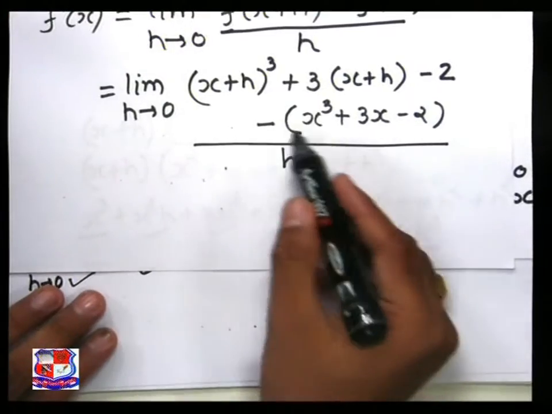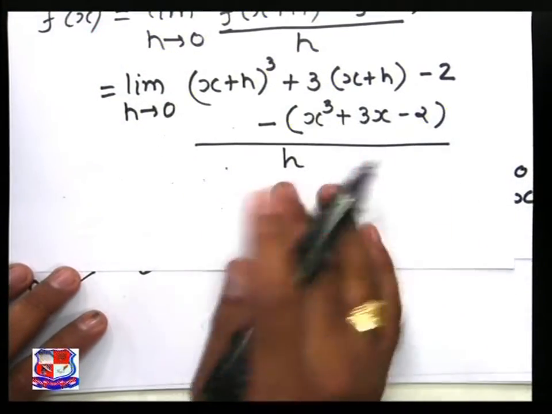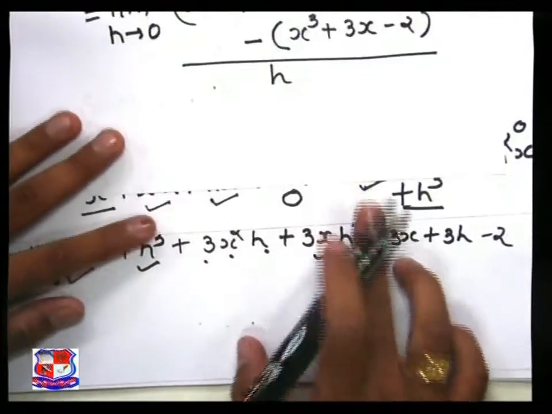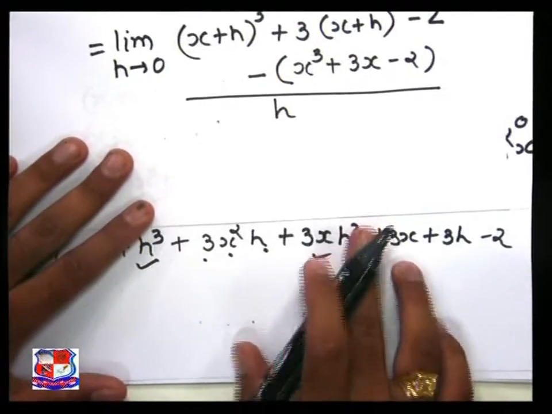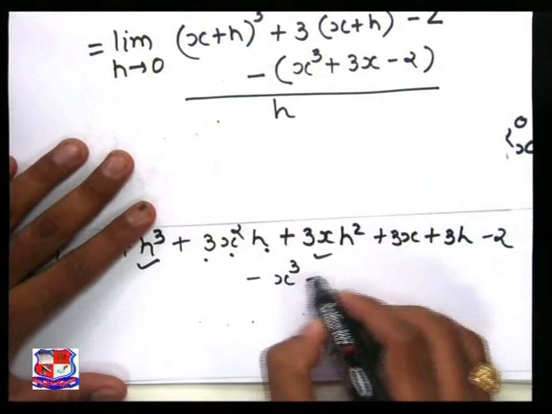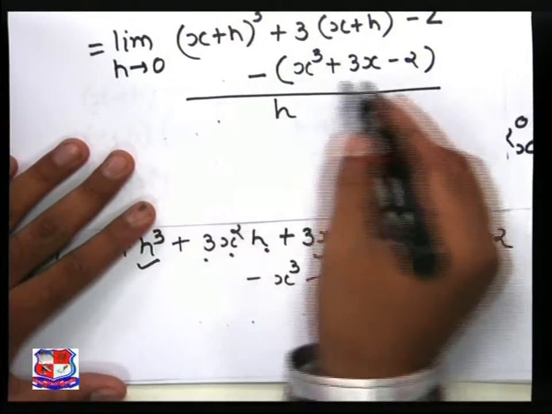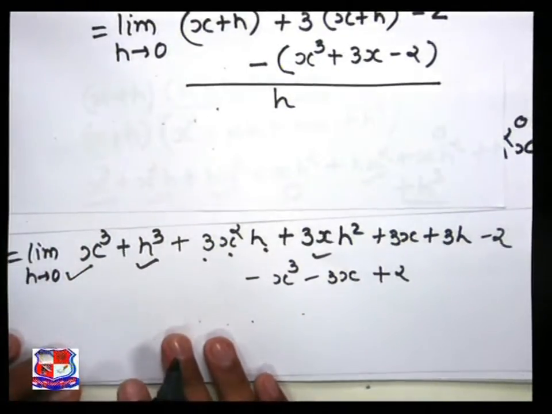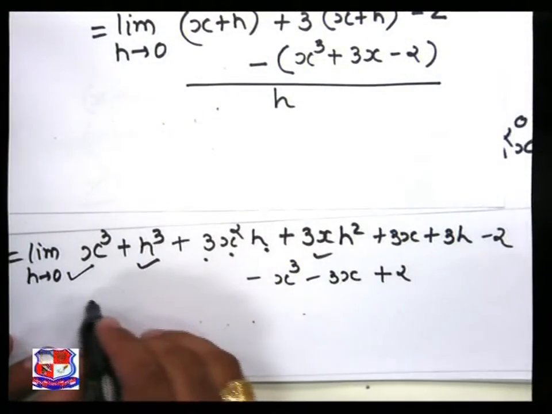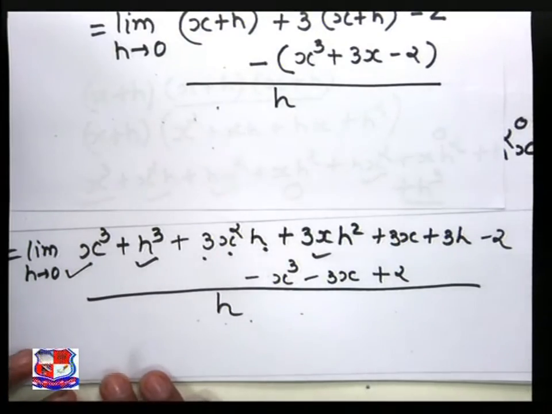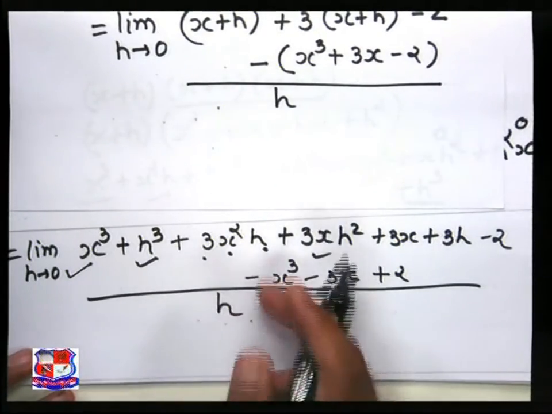Now this minus sign multiplies with all the terms, so it becomes minus x cube, minus 3x, and plus 2. And divided by h, as it is. Now the next step is to solve the numerator.